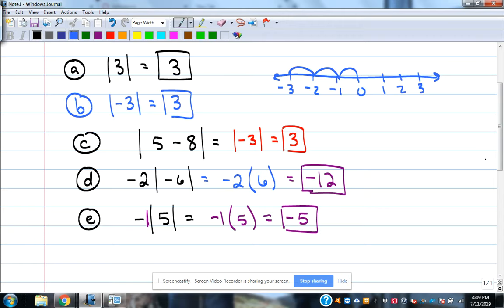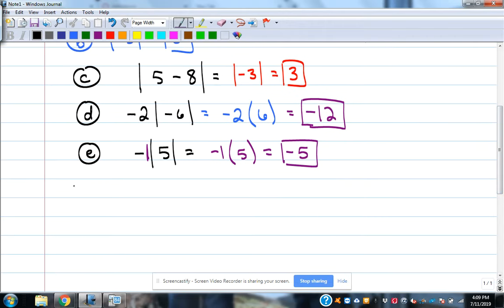Kind of extending that a little bit is when they ask us to evaluate, and then they give us some letters, x equals -6 and y equals 10. Maybe they're giving us that stuff in the directions.